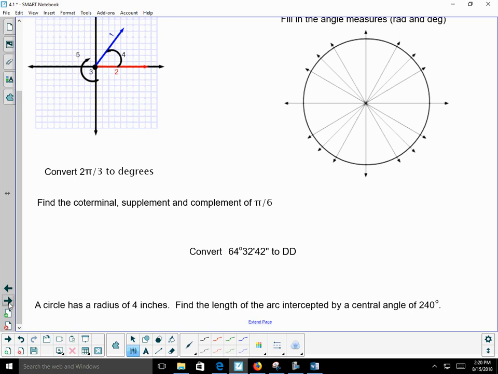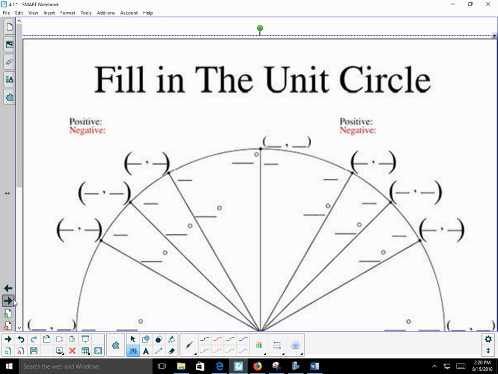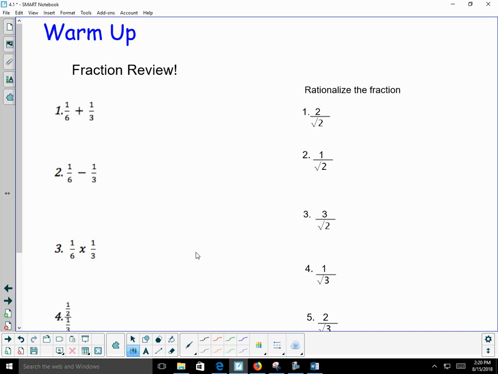So before we get started though, we're going to have to do a lot of work with fractions. So this is part of your summer learning, was to review how to add, subtract, multiply, and divide fractions, and how to rationalize a fraction. So remember, when you add 2 fractions, I'll just do the first one, I'll give you a second. So when I add the fractions, I have to have a common denominator.